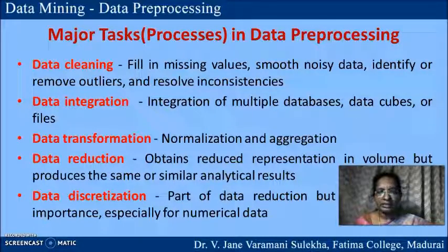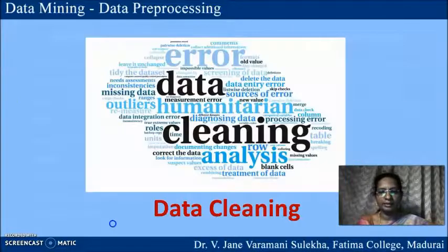Data transformation means normalization and aggregation. Data reduction obtains a reduced representation in volume but produces the same or similar analytical results. Data discretization is part of data reduction but with particular importance, especially for numerical data.